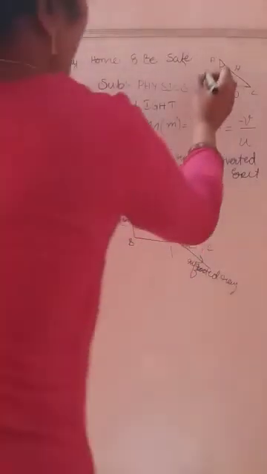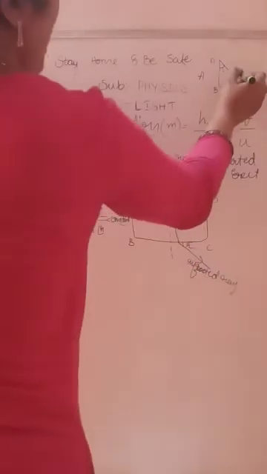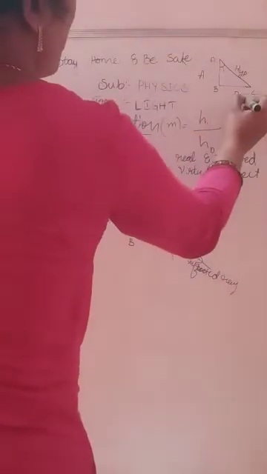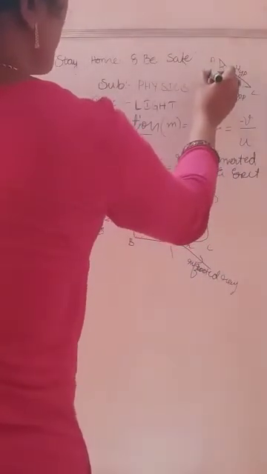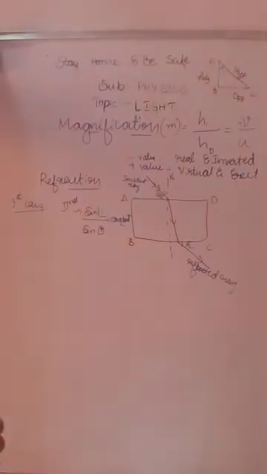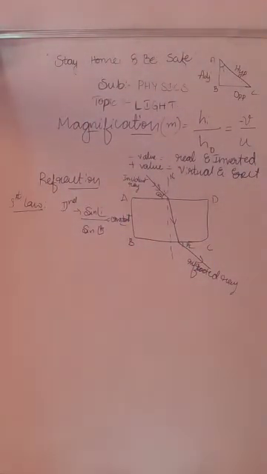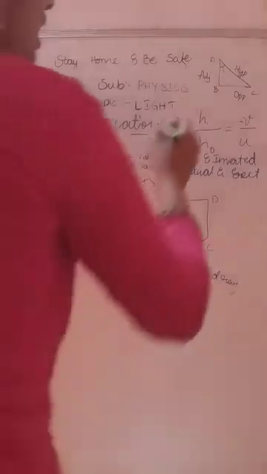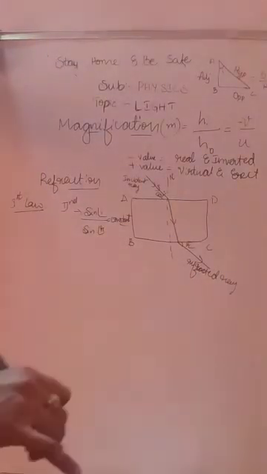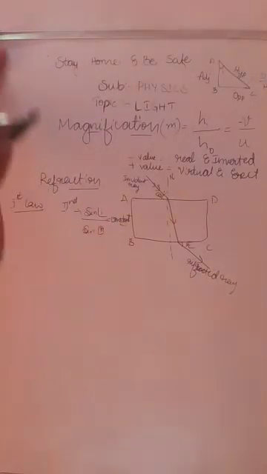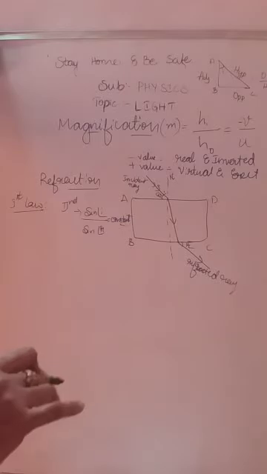The remaining side is taken as the adjacent side. Keep in mind, this is the hypotenuse, this is the opposite and this is the adjacent side. Clear? So what does sine I refer to here? Sine I is nothing but the opposite divided by the hypotenuse. Always, sine theta or sine I refers to the opposite divided by the hypotenuse.